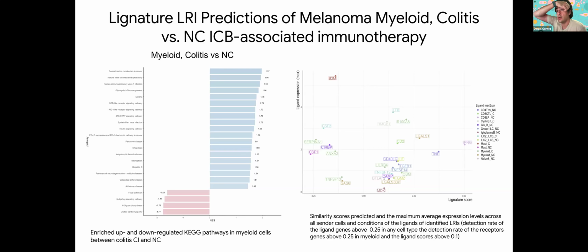So the NK cells, human immunodeficiency virus 1 infection, glycolysis, gluconeogenesis, NOD-like receptor signaling pathway, RIG-I-like receptor signaling pathway, JAK-STAT signaling pathway, Epstein-Barr virus infection, insulin signaling, and PD-L1 expression, PD-1 checkpoint pathway in cancer, which is a common immunotherapy.